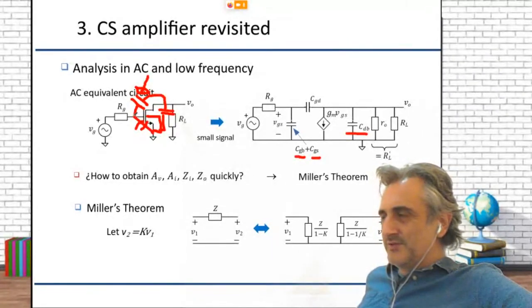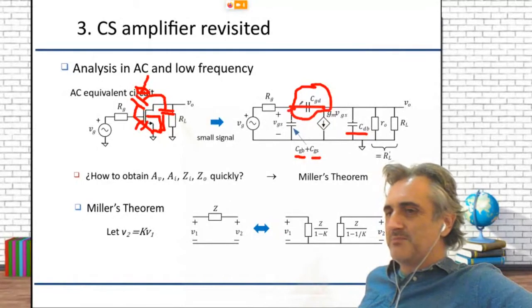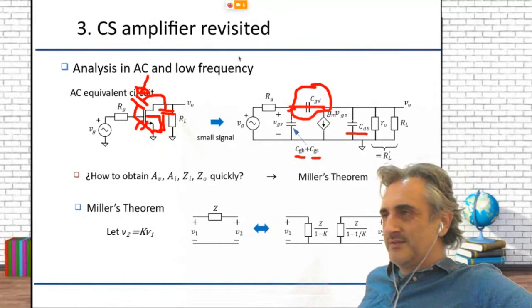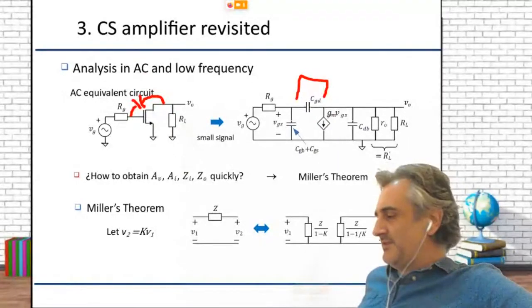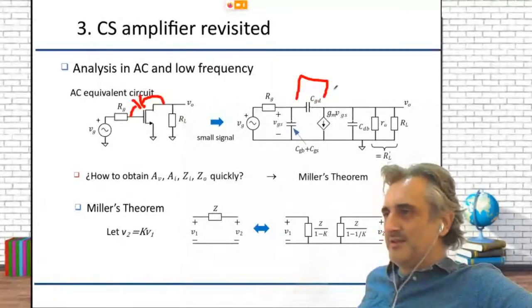This one between gate and drain is a feedback path. It forms a feedback path between the output and the input. So notice that this capacitance is like adding a resistor in an operational amplifier. This one here. So we have a feedback path in the amplifier.